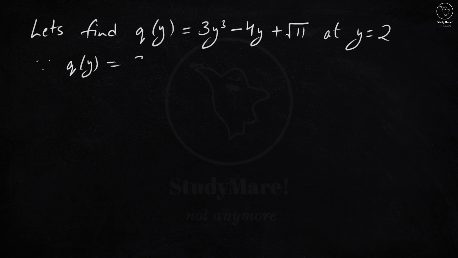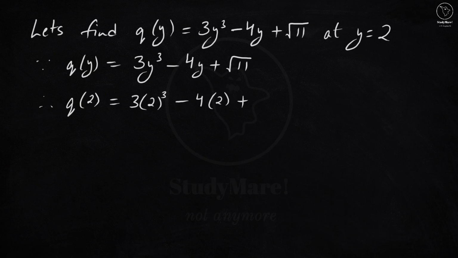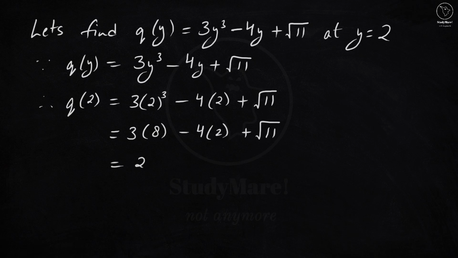Since q(y) is equal to 3y cube minus 4y plus root 11, therefore, substituting the value of y as 2 in this polynomial, we get q(2) is equal to 3 into 2 cube minus 4 into 2 plus root 11, which is equal to 3 into 2 cube is 8 minus 4 into 2 plus root 11, which is equal to 3 into 8 is 24 minus 4 into 2 is 8 plus root 11, which equals 24 minus 8 is 16, so we have 16 plus root 11. This is the final result for q(y) where y is equal to 2.